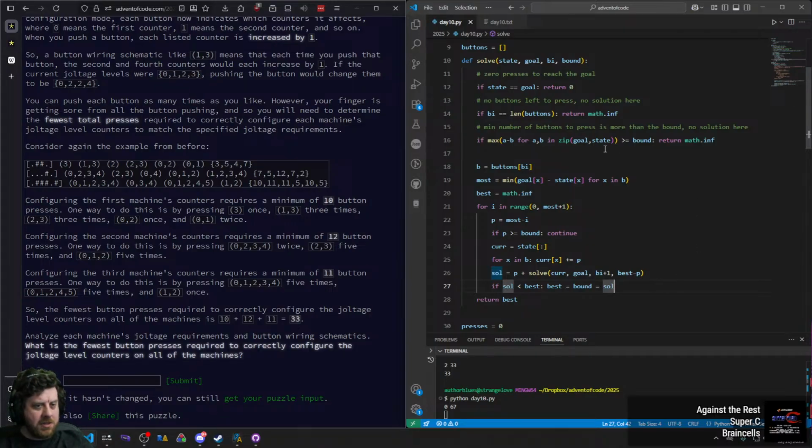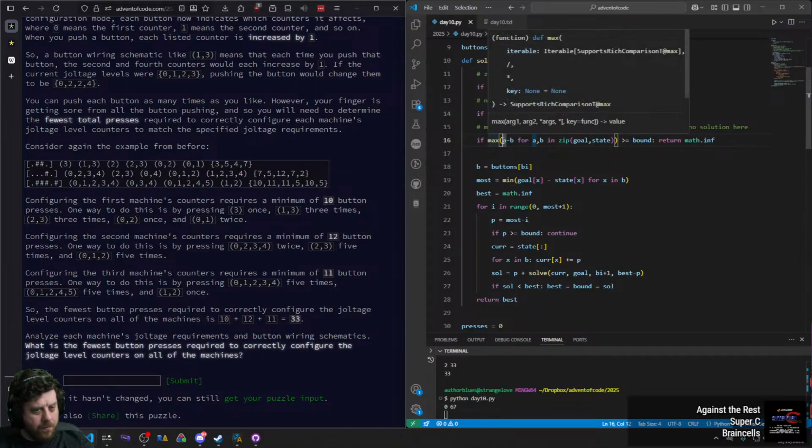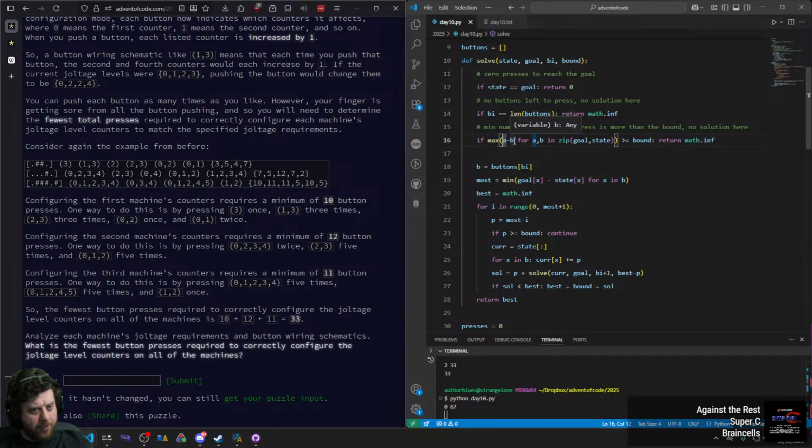Because this bound is essentially saying, assume that every button press you're going to make from this point onward is going to improve the one that's the furthest distance away from correct.